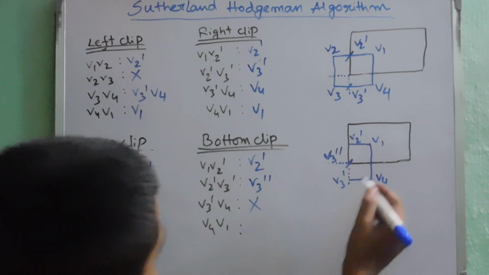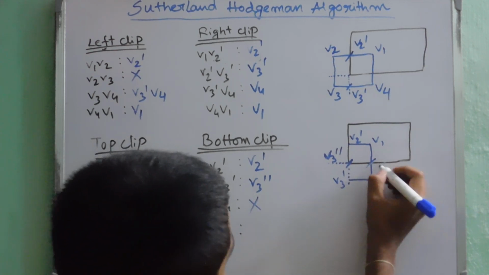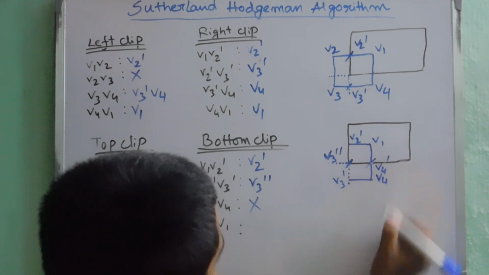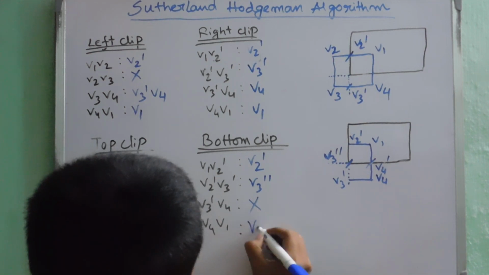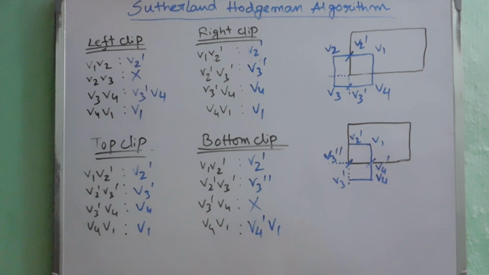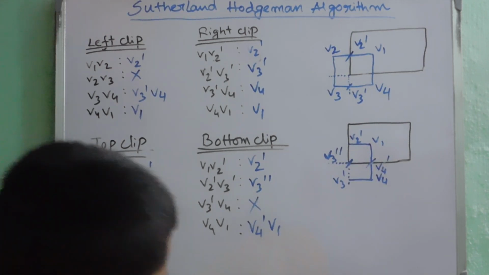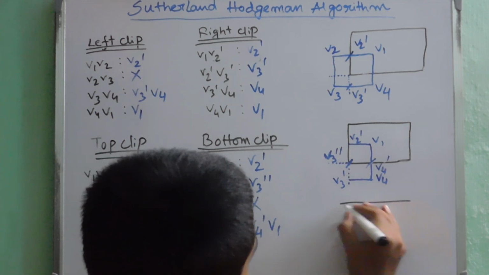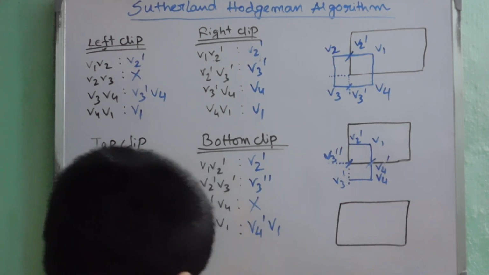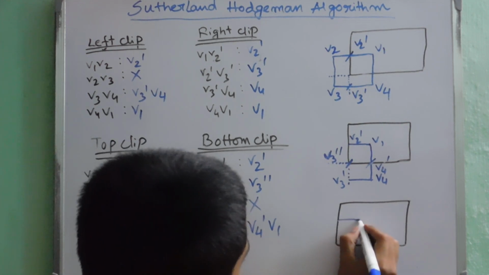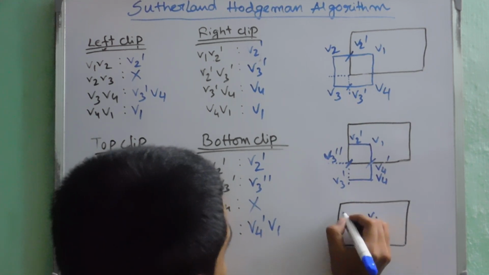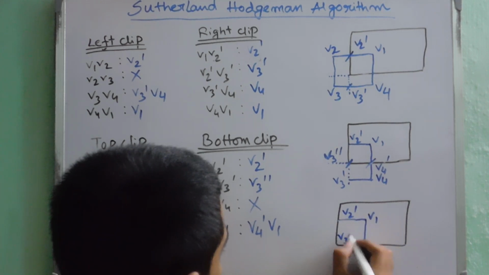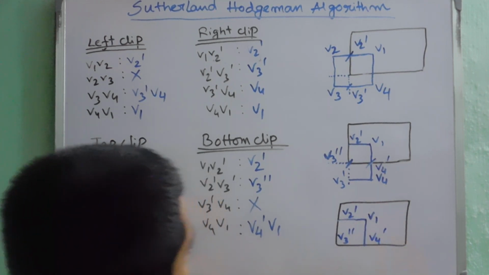So we will update the intersection point as V4 dash, and write V4 dash V1, because it follows the case where the edge is from outside to inside. So our updated picture will be V1, V2 dash, V3 double dash, and V4 dash.